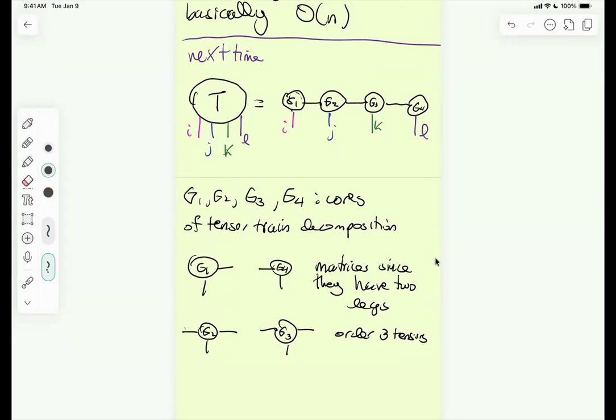Why matrices and not also contracting G1 and G4? Well, first you could only contract them if they have the same number of indices, like if I and L take the same number of values.